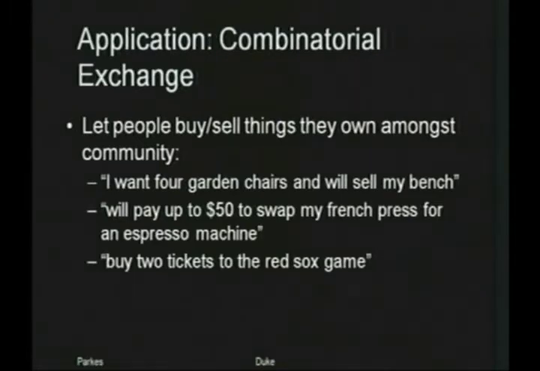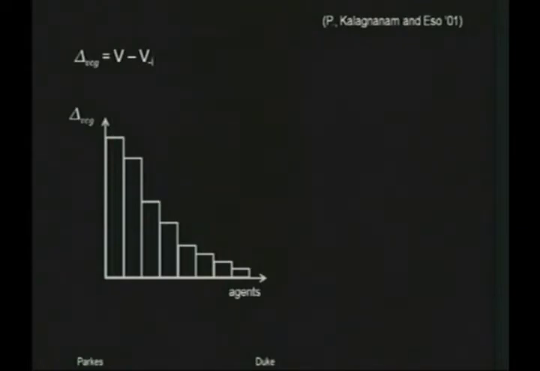Maybe they want to do swaps, contingent sales. You can think about using a combinatorial exchange amongst a community that's trying to reallocate the things that they own. Here are some examples of what you might like to say. Now, the reason the combinatorial exchange problem is interesting is because the Vickrey generalization fails miserably.